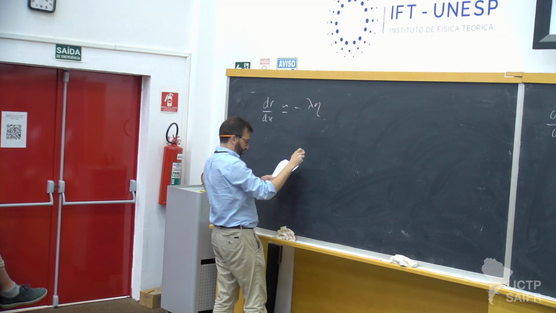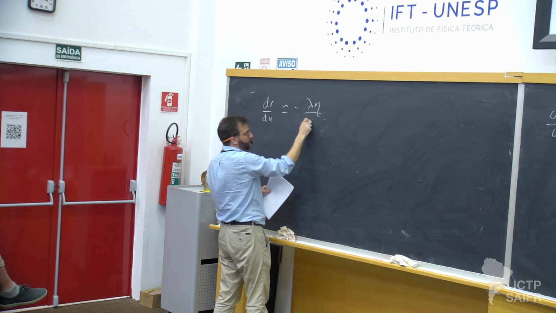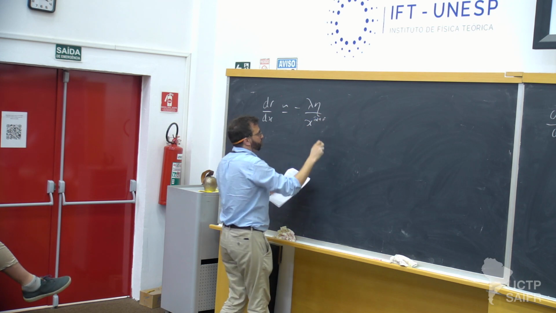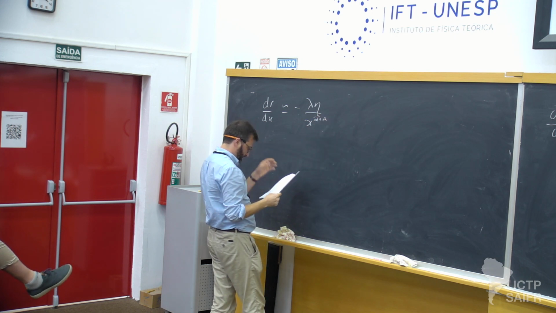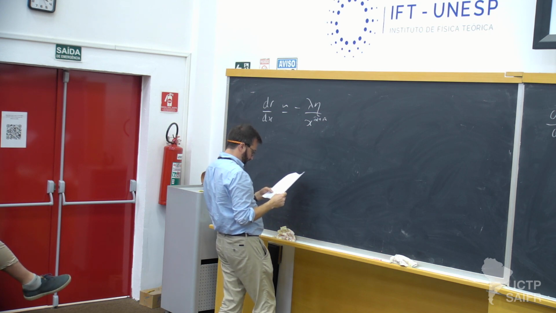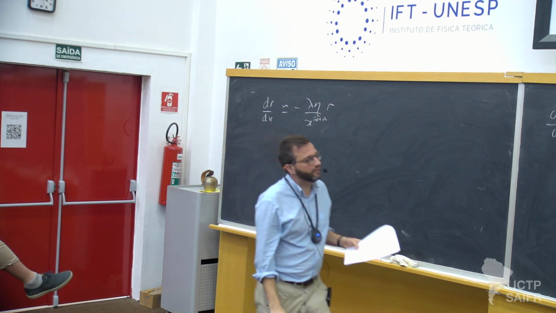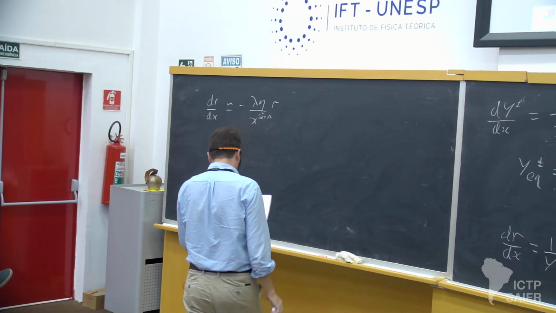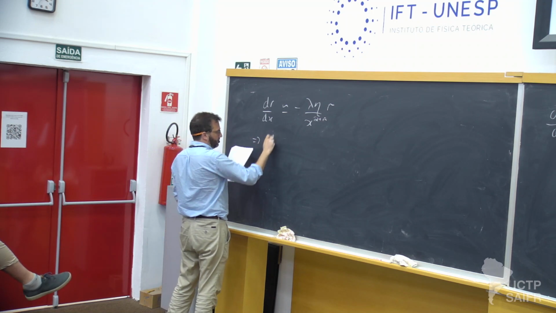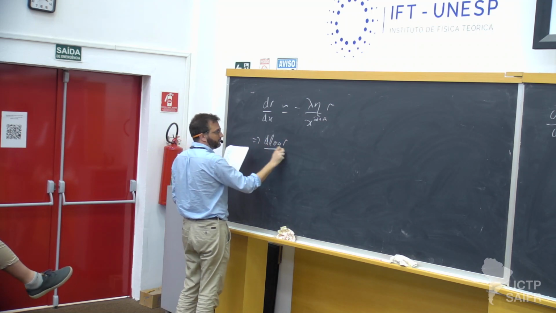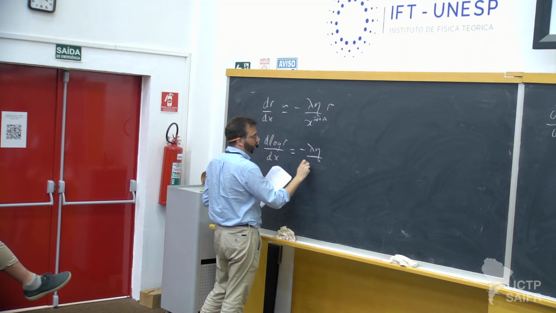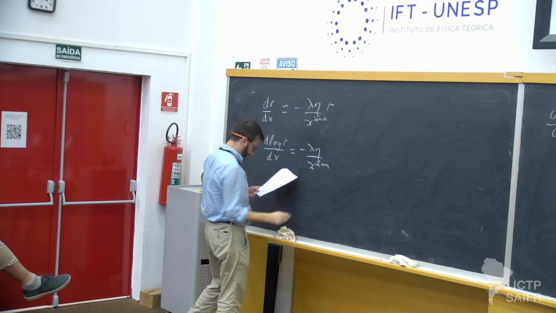we're just going to have this x squared plus n. Did I miss an R? Yeah, I missed an R in my notes. Or just that d log R dx equals negative lambda eta on x squared plus n.